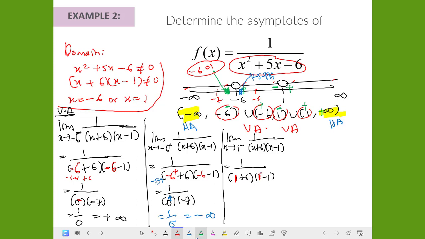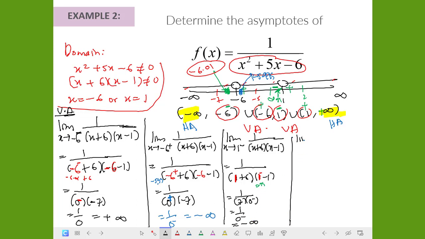Just take one number to the left, 0.99. 0.99 is less than 1. So 1 over 7 times 0, just negative, because 0.99 less than 1, minus 1 is 0, confirmed 0, but just negative. So 1 over 0 negative is equal to negative infinity.